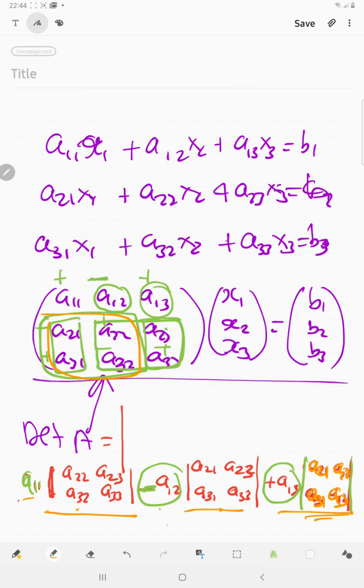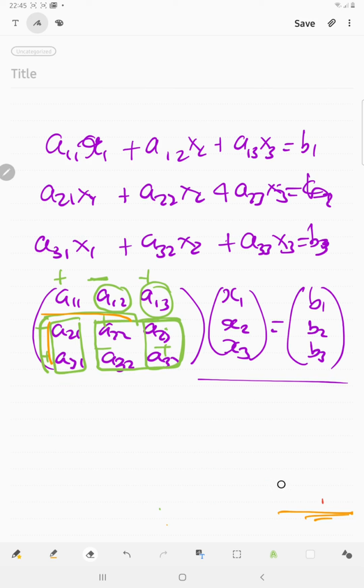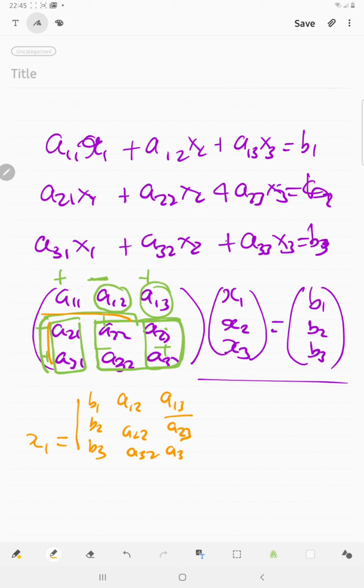Similarly, if you can recall, we were able to get the different solutions for a problem of this nature. So we can say the solution x1 can be given by the determinant of b1, b2, b3, and a12, a22, a32, a13, a23, a33.